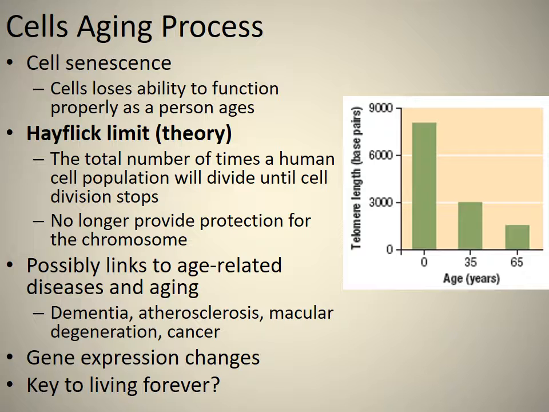These problems are age-related: diseases, aging, so dementia, atherosclerosis, macular degeneration, cancer, and it's an issue that researchers and scientists are trying to solve right now. Because if you take a look at it, it's pretty simple. If we can extend these telomeres, how long can we actually live? That's a good question that scientists and researchers are asking themselves.